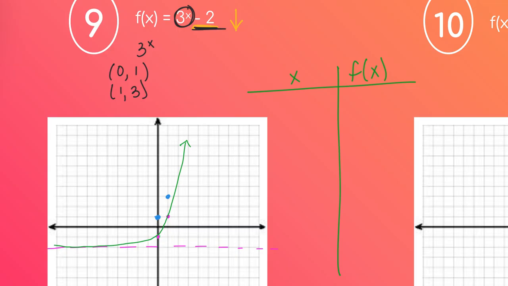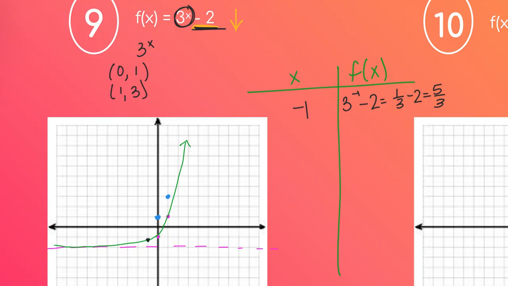So if I have negative 1, 3 to the power of negative 1 minus 2 is going to give me a third minus 2, which is 5/3 in magnitude. It's about 1 1/3. At -1, I'm going down 1 and here's my third. So that's about right here.